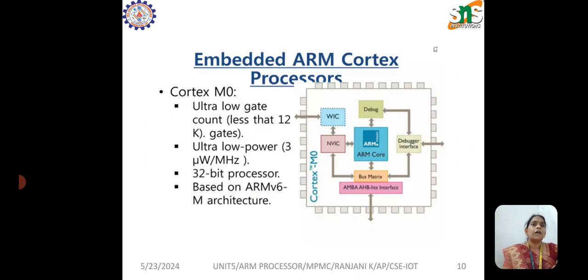Before going into detail on Cortex, let us see the basic things related to the ARM architecture. ARM is a 32-bit architecture. It means a byte is 8 bits and a half word is 16 bits. I hope you all know a word is 32 bits.